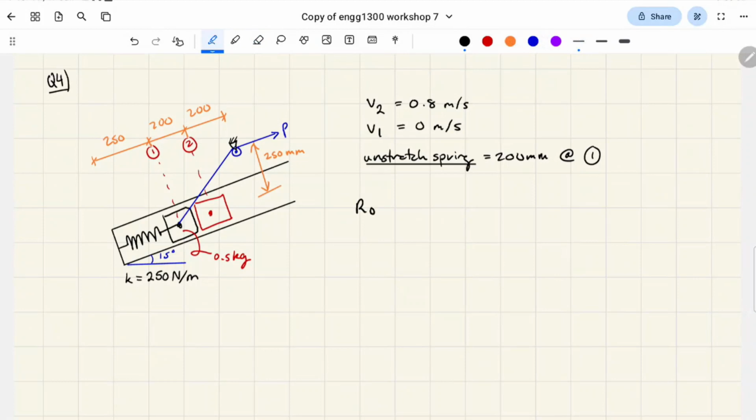Okay, so let's talk about the rope movement, S, right?